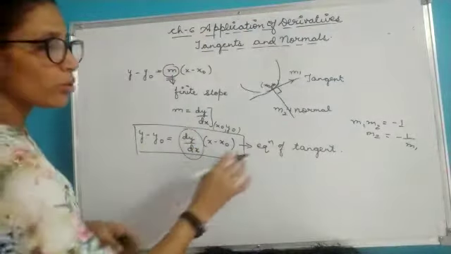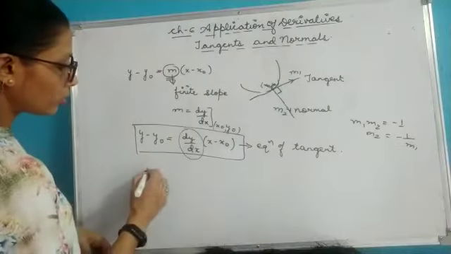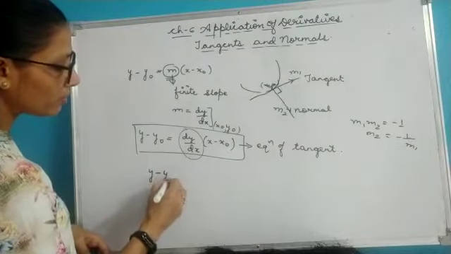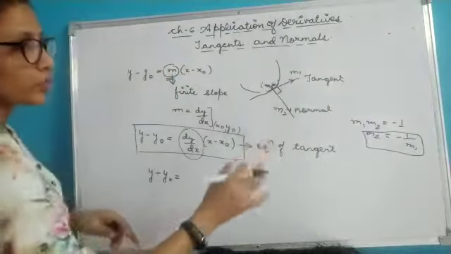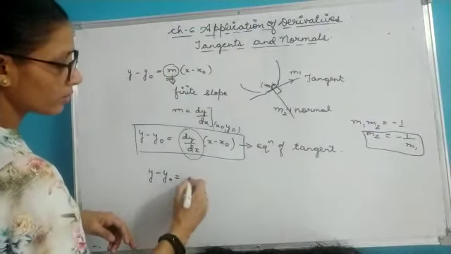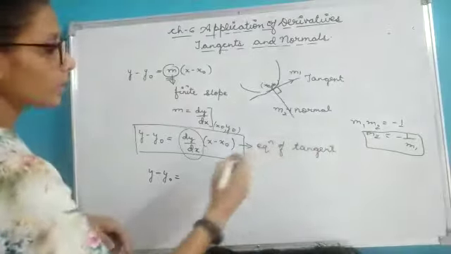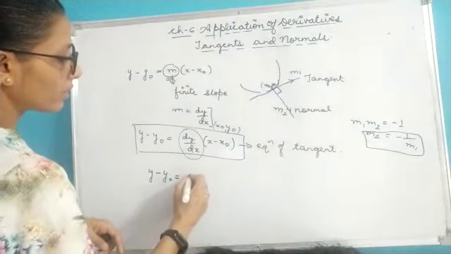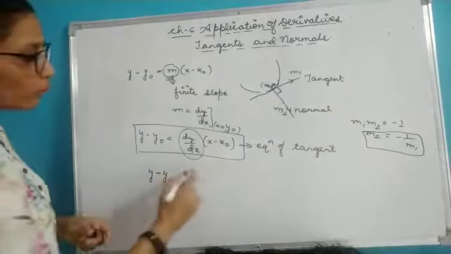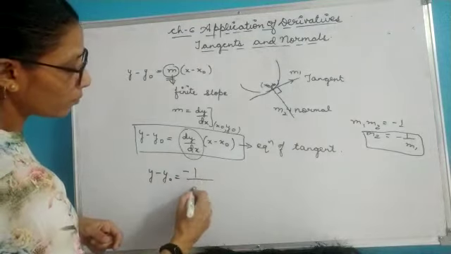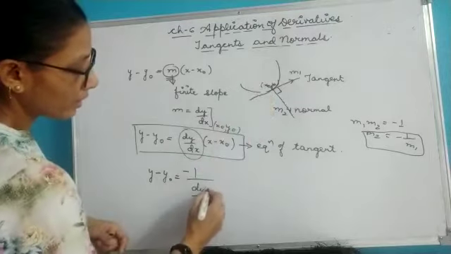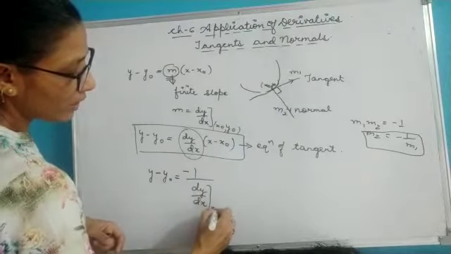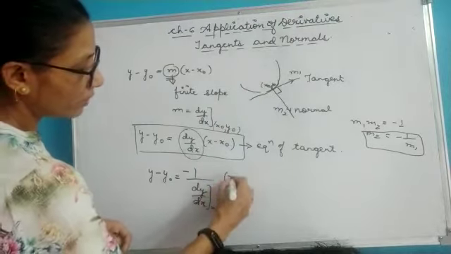So if I want to write the equation of normal, I can simply write it as y minus y naught equals, and here the slope will be replaced with -1 upon m1. So I can write it as -1 upon dy by dx, and since I am finding it at x naught y naught, this is at x naught y naught, times x minus x naught.